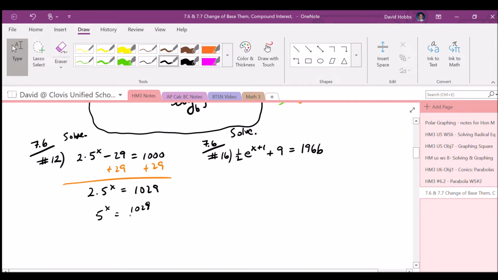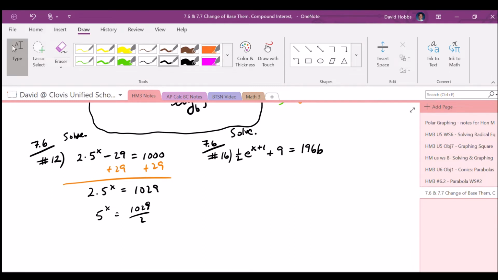1029 divided by 2. Now 2 does not go in evenly. You could just go ahead and tell me what the decimal value is. It turns out to be 514.5. The key is make sure you don't round. If you round in the middle of the problem, you're just getting error in your answer.